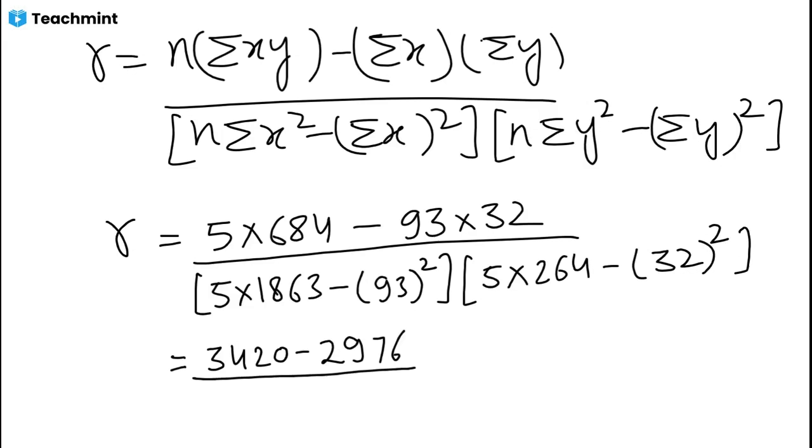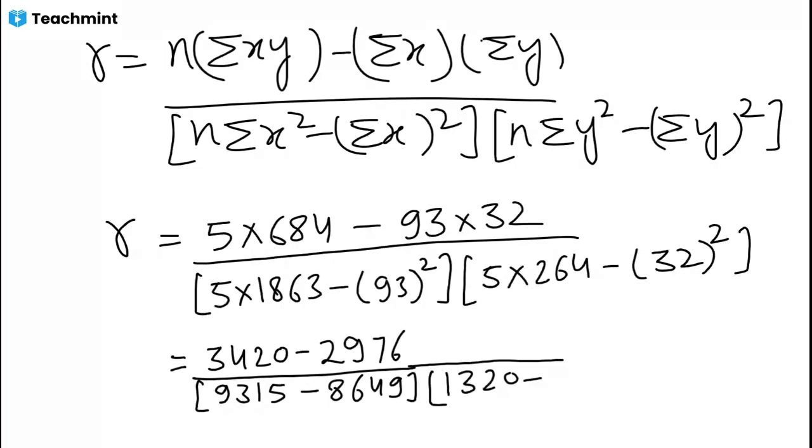And we have 5 into 1863, which is 9315, minus 93 square, which is 8649. Then 5 into 264 is 1320, minus 32 square, which is 1024.